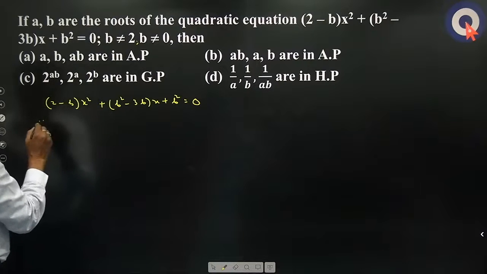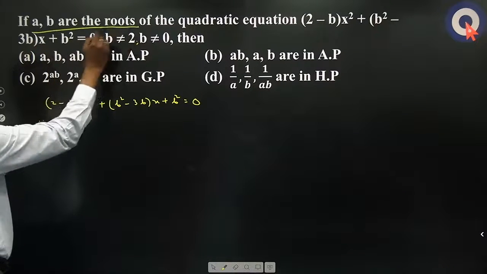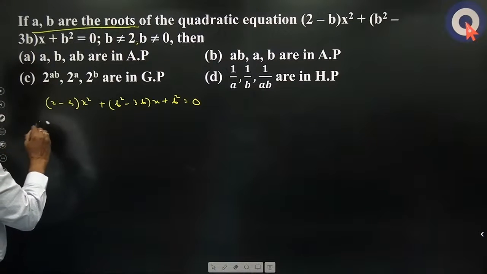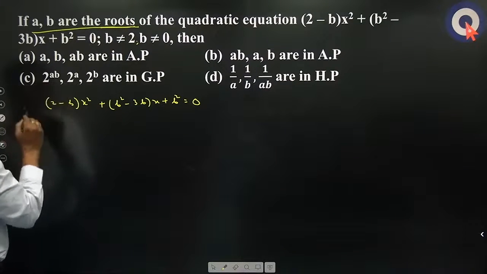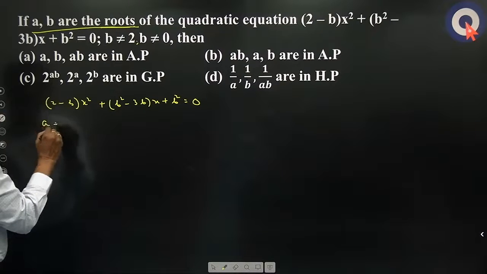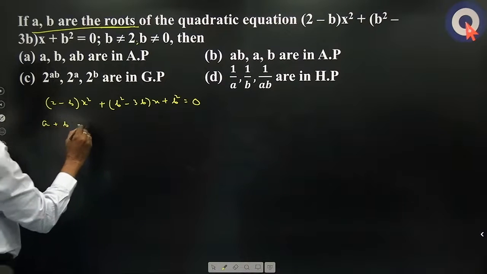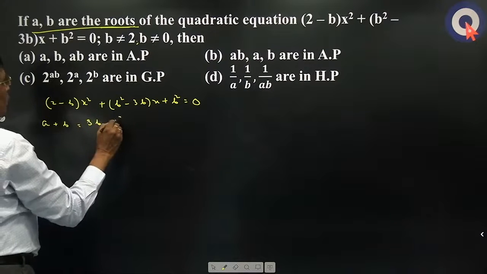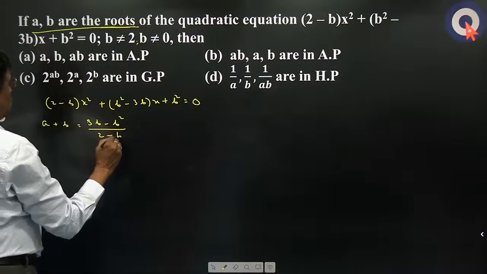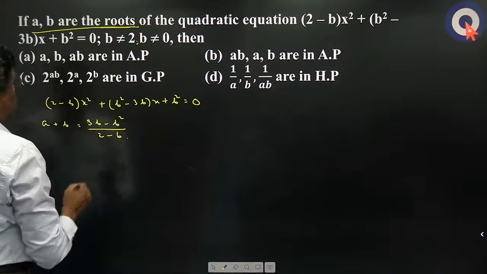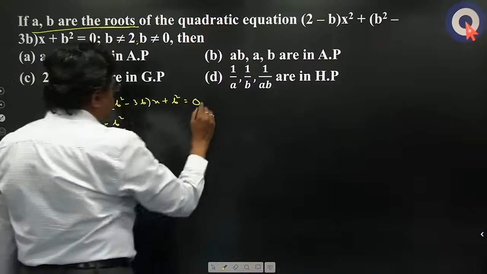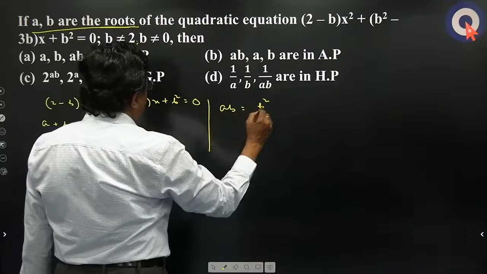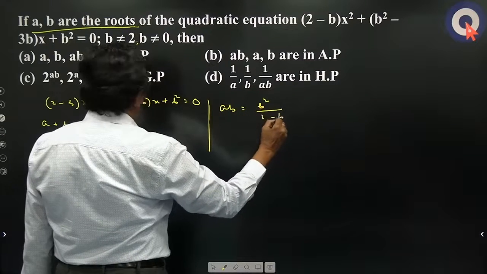So a plus b, because a and b are the roots. So sum of the roots a plus b is minus b by a, which is 3b minus b square by 2 minus b. Also ab, product of the roots, is b square by 2 minus b.